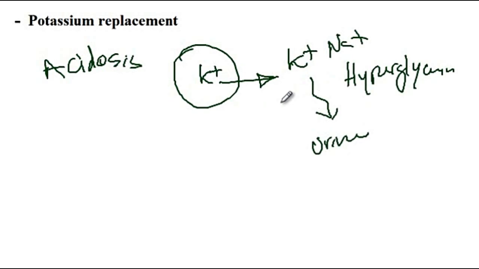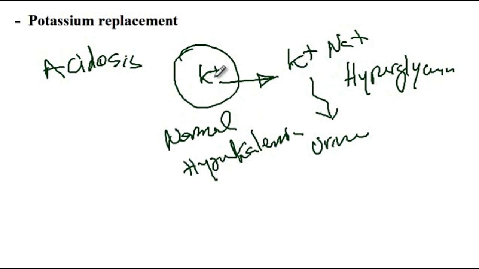So much potassium will be lost in patients with DKA, and this potassium is coming from the intracellular stores. Now, if you measure the potassium, it could be normal or even hyperkalemia in patients with DKA. And the reason for that, again, is that potassium has shifted from the intracellular space to the serum.